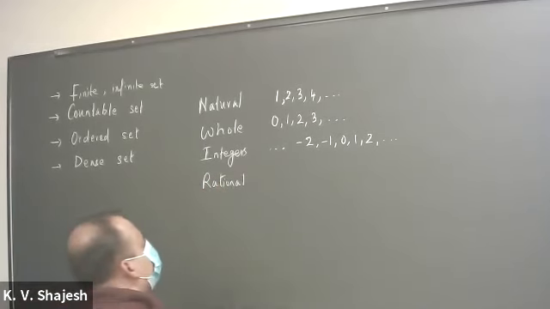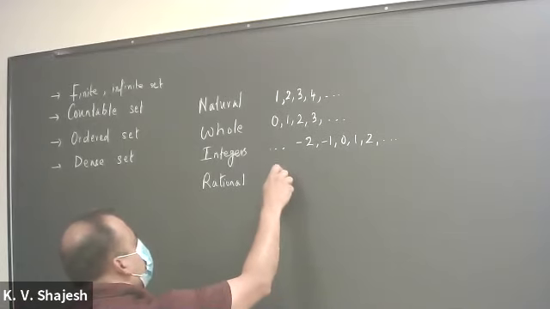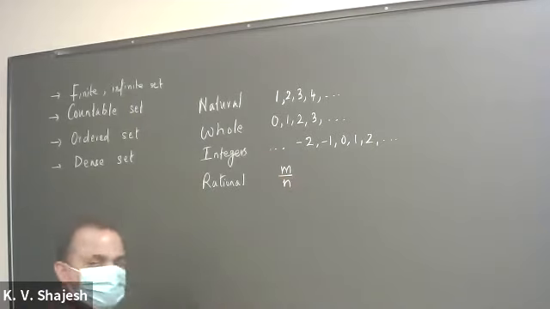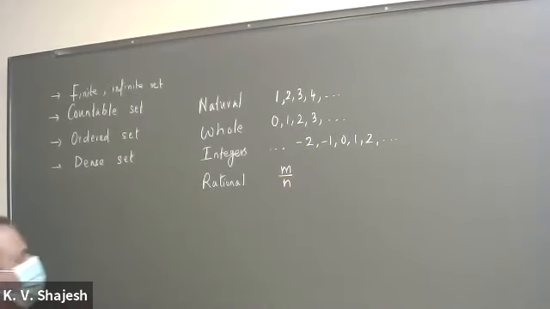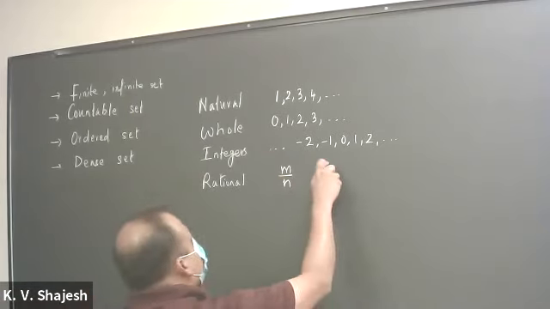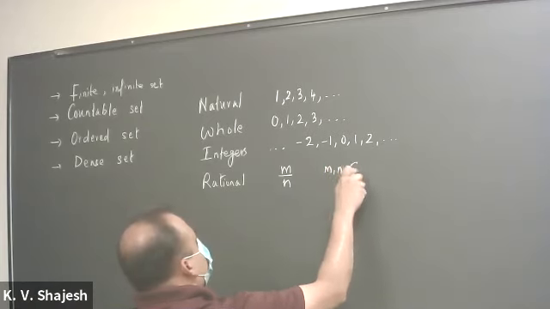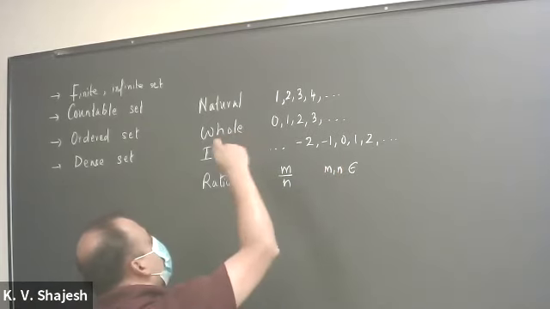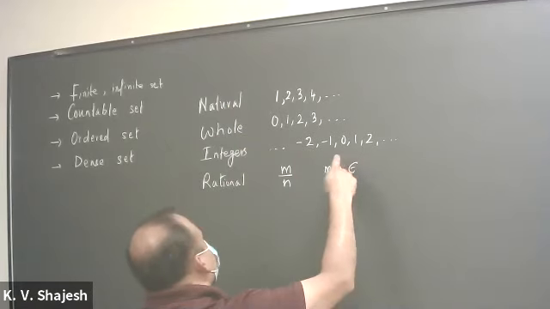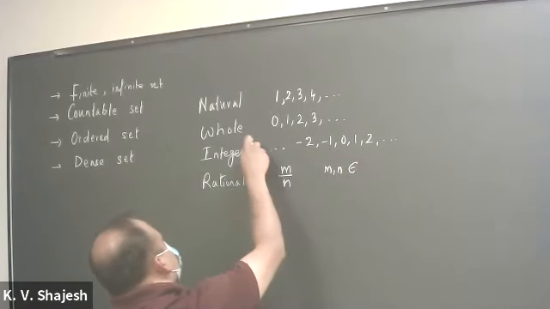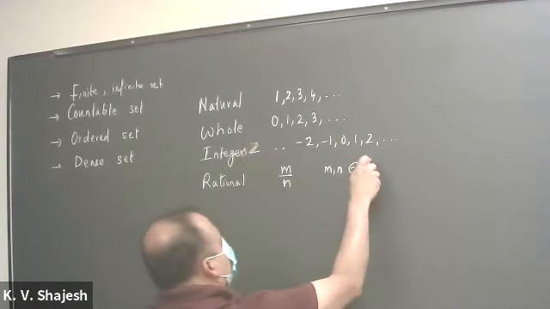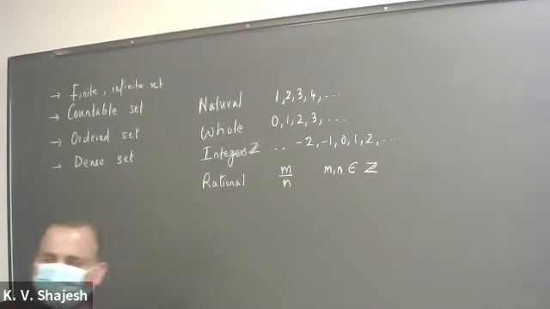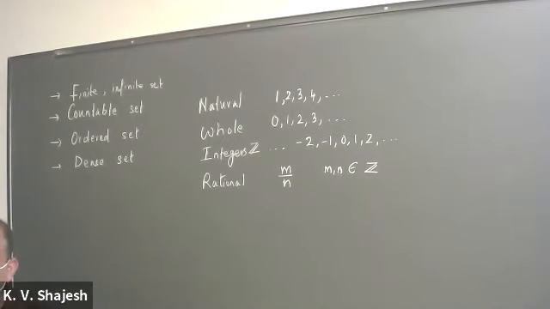And that involves any number that can be written in the form m over n, where m and n belong to natural numbers, actually integers, right? Okay, that's clear. What else? What is the other number system you've seen?